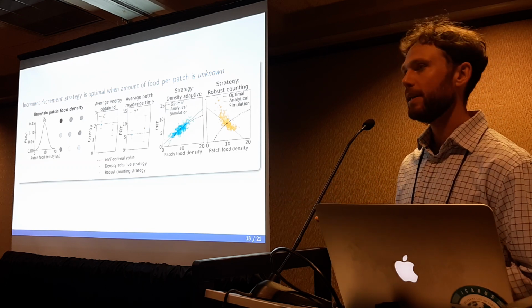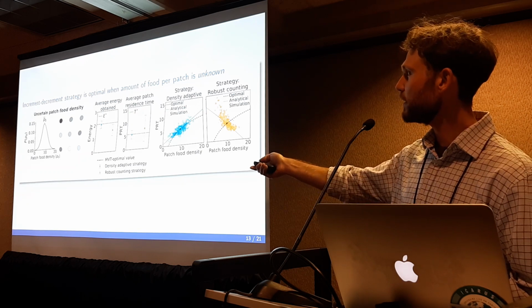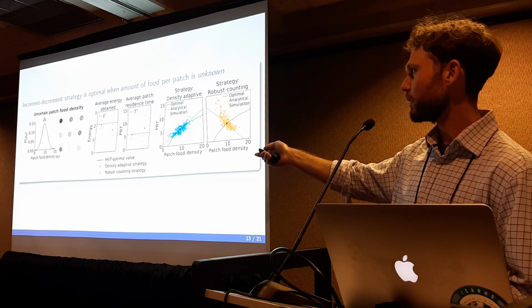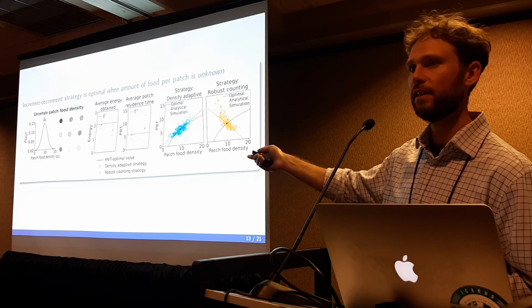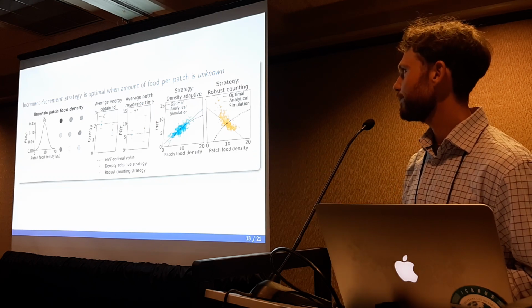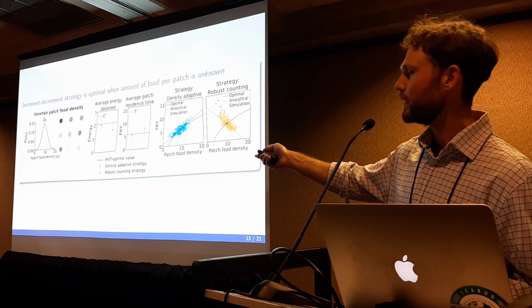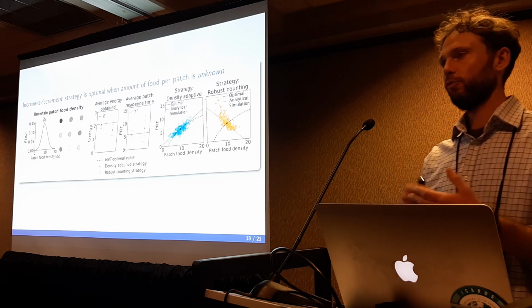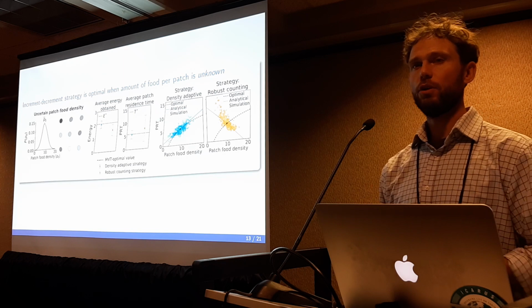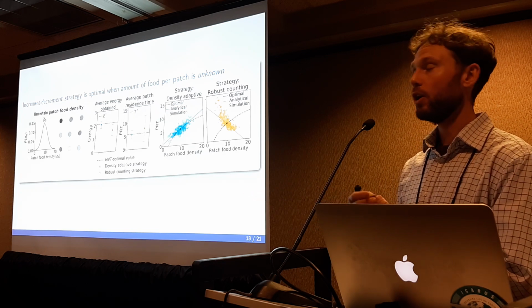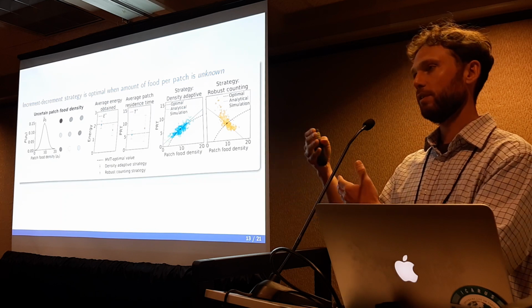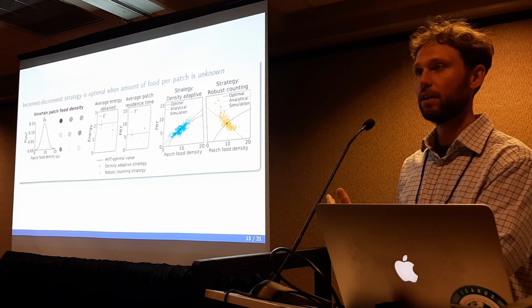And if we use an increment-decrement strategy, we see this trend, both approximately, and we can solve for an approximate analytical solution, and we can simulate this with noise added also. And the reason you do this with the increment-decrement strategy is food pushes you away from the boundary. So if you're in a better patch, you don't actually know the quality of the patch, but you're receiving more food rewards, so you're more likely to stay longer.